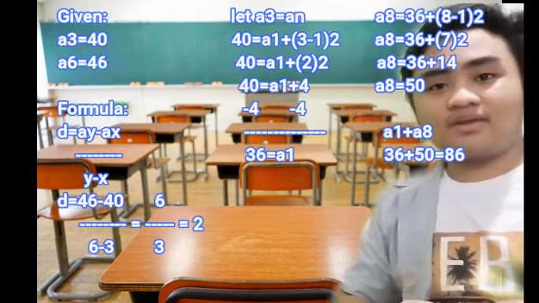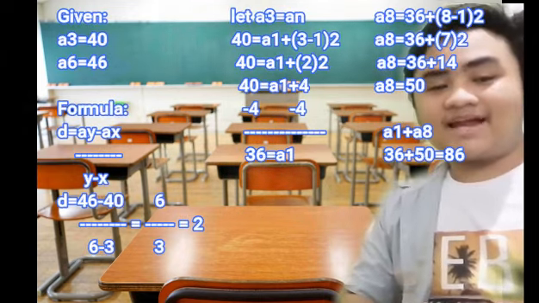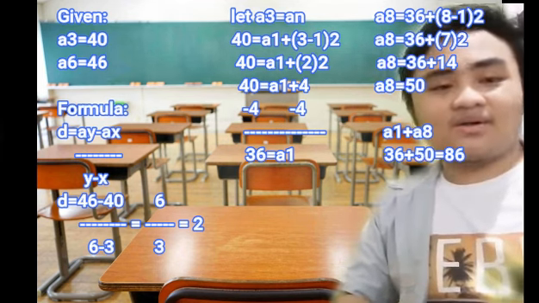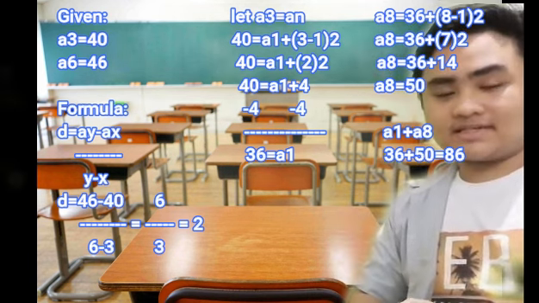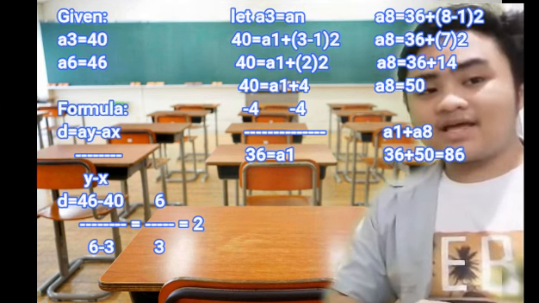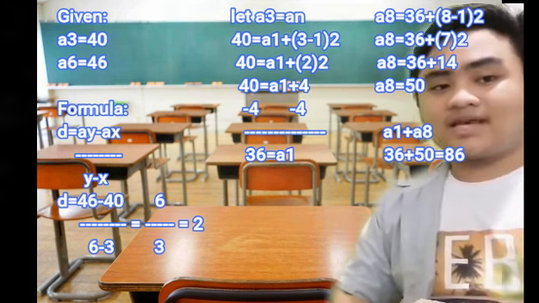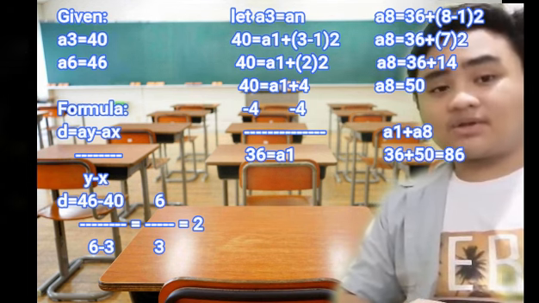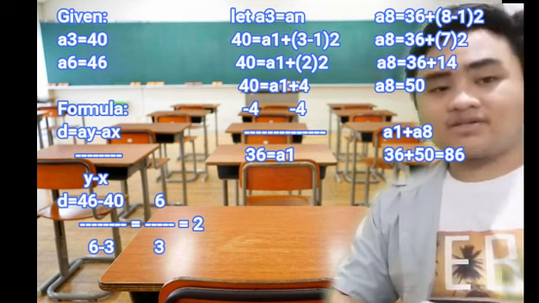So our given is we have the third term and the sixth term. A sub 3 is equal to 40. A sub 6 is equal to 46. When we put the formula a sub y minus a sub x divided by y minus x, we have the result of 46 minus 40 over 6 minus 3.